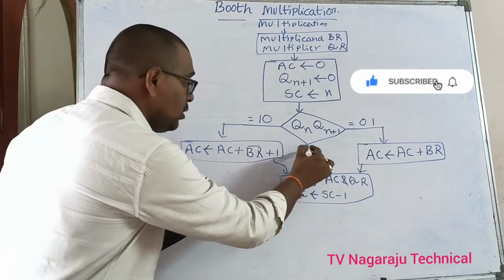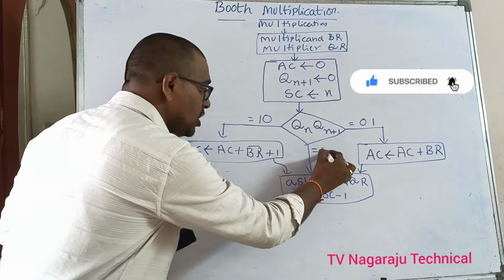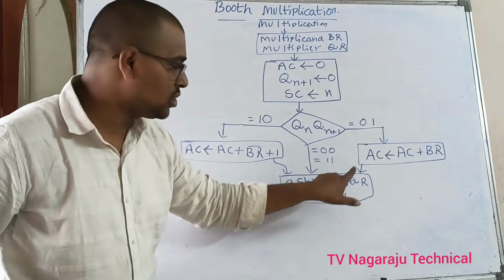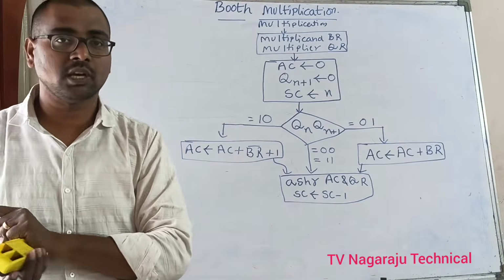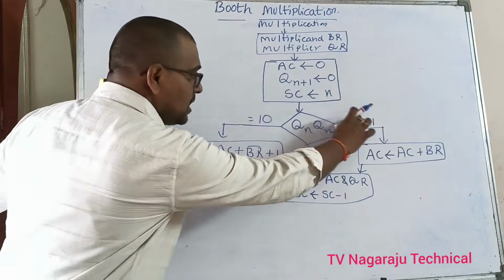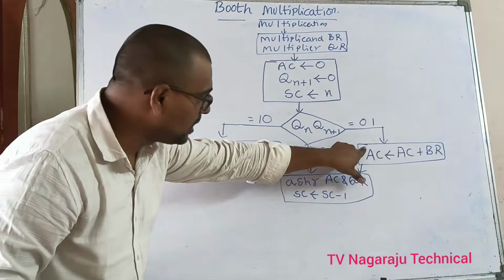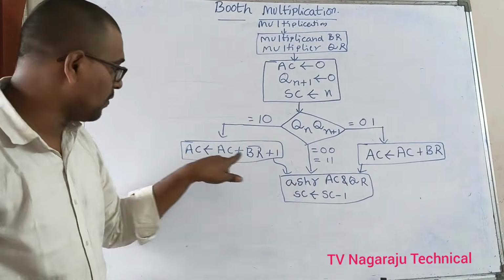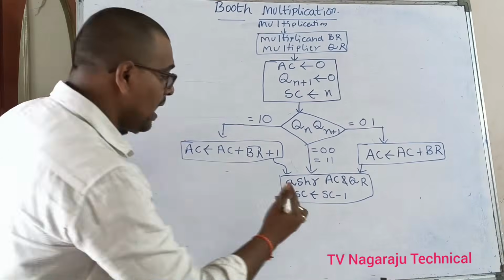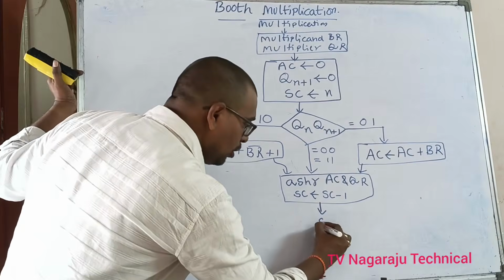Now, if the values are the same, either 0, 0 or 1, 1, we do no operation and just do the shift operation. Clear? This is one iteration. Either this one is performed, or this one, or this one. One iteration is completed, and after that you need to decrement.